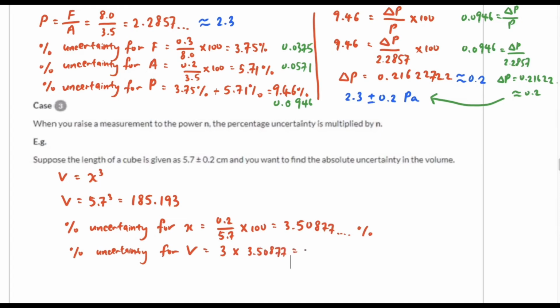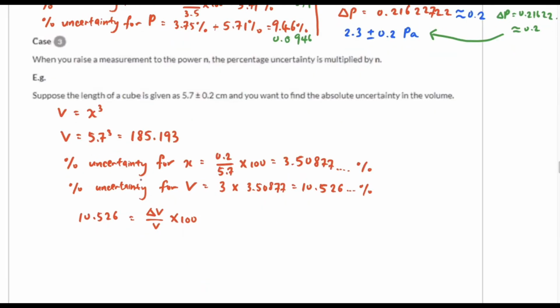So we get 10.526 and so on percent. Okay, now we know the percentage uncertainty formula is delta V over V times 100. Then we find the delta V accordingly.